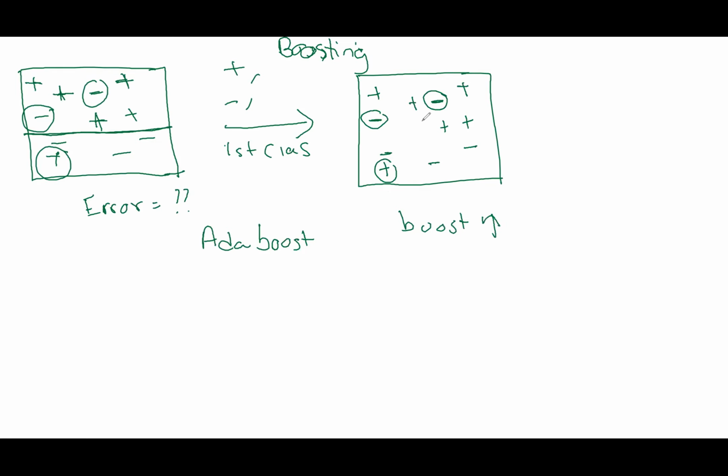So it'll probably try to draw a decision boundary which is kind of like this. We'll try to classify these correctly, so maybe we draw a decision boundary which looks like this.